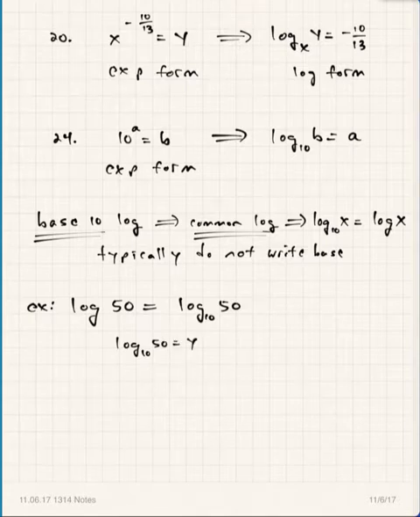I just kind of say, okay, what's logarithm base 10 of 50 equal to, right? It's the power you raise 10 to get 50. And so the exponential form that goes with that would be 10 to the y equals 50. Right, 10 to the y equals 50. So those are the same expression. One's written in log form, one's written in exponential form.